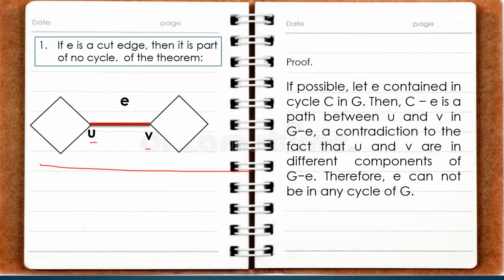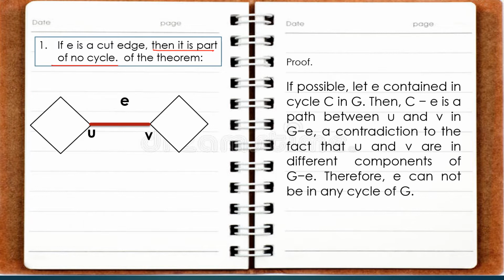Now, for this part, we cannot show it by using a direct proof. Instead, it's much easier if we show the proof by contradiction.